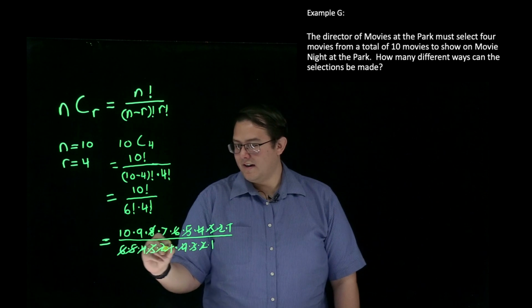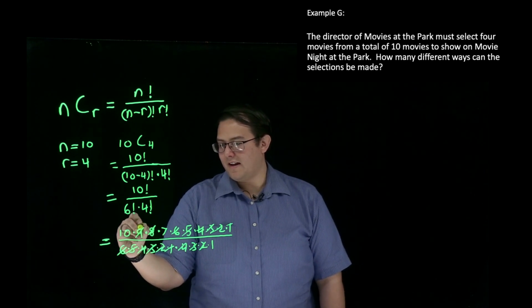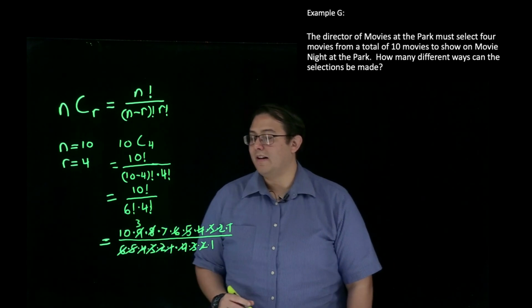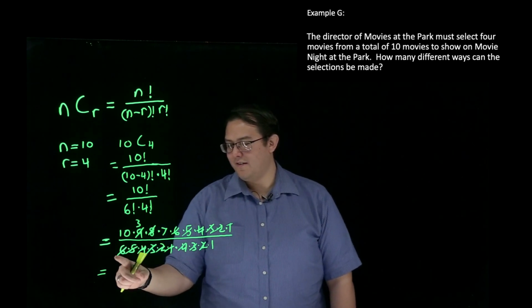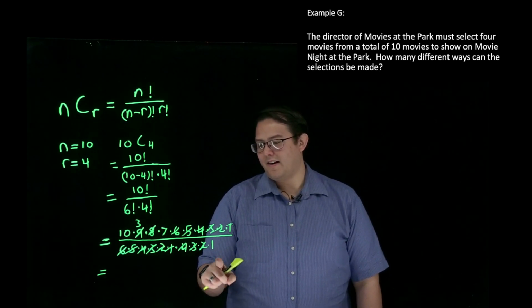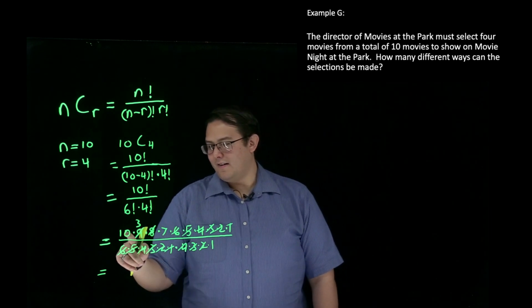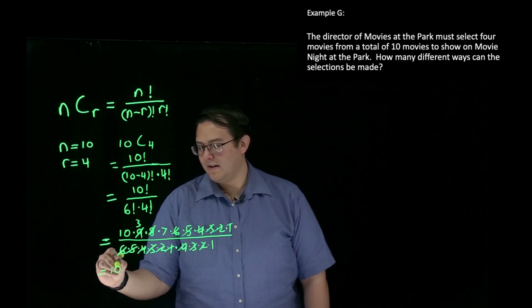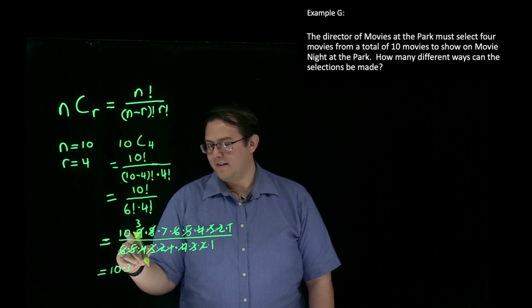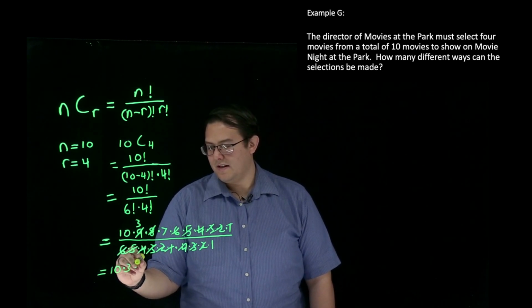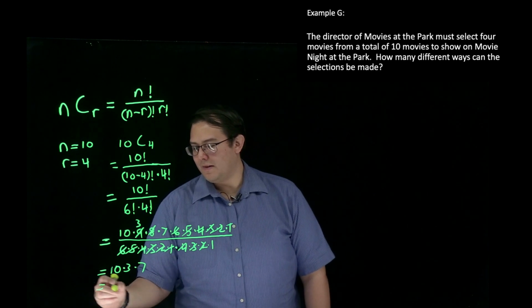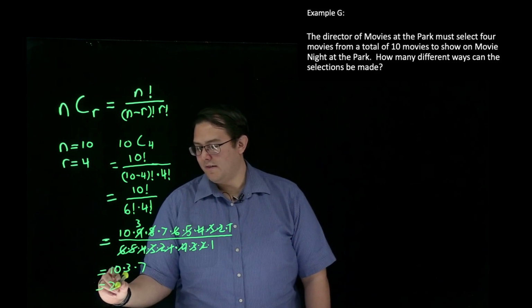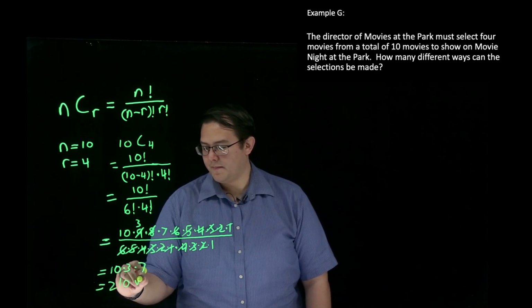So the 3 goes into 9 3 times. So you have a 3 left over. So what are we left with? Again, note everything in the denominator divided out. You're left with the 10 times the 3, and then times 7, and everything else went away. So if you multiply this, you get 210 ways.